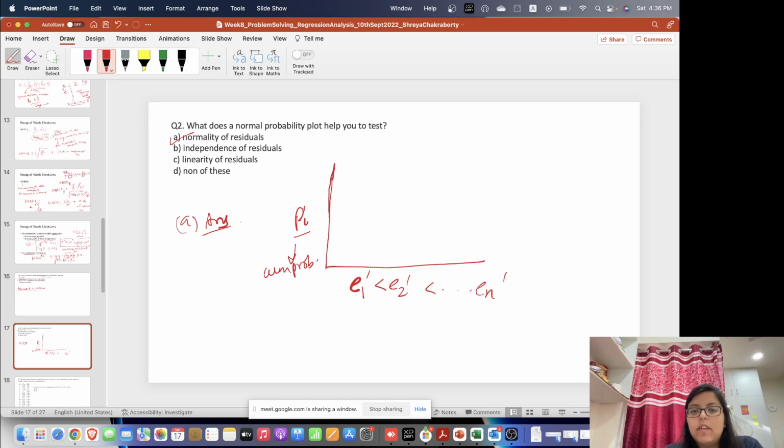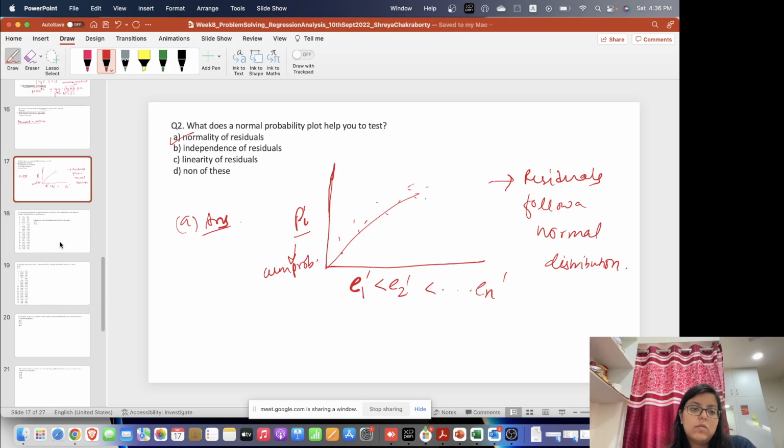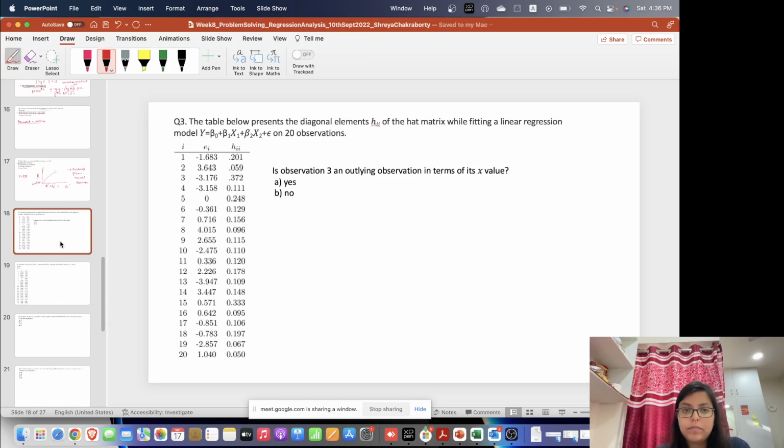If they fall along the same line, then we would say that the residuals follow a normal distribution. Okay, so we'll move on to the next one.